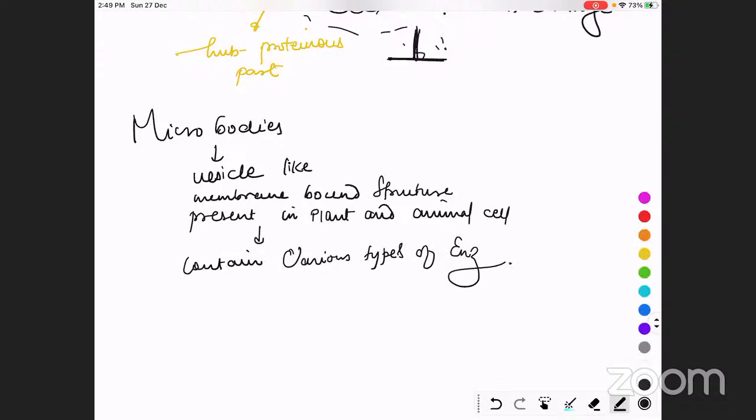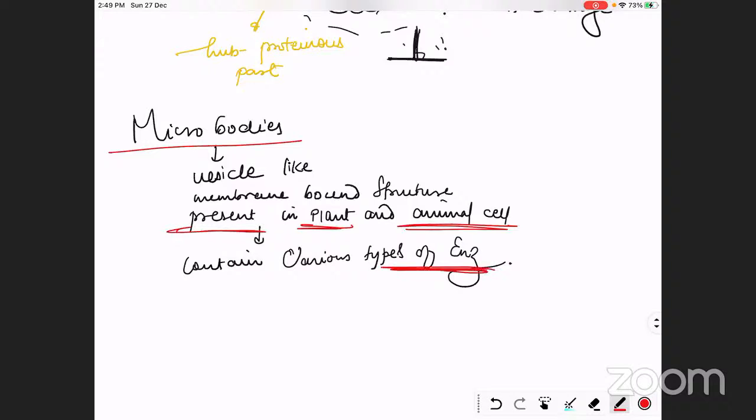Okay, so the important thing: microbodies are present in both plant cells and animal cells, and they contain various types of enzymes.